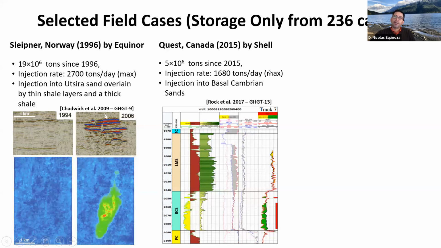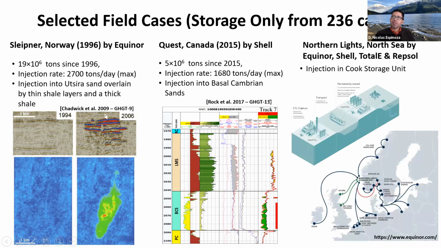Something I'd like you to keep in mind are these injection rates, because this is something very important that we need to take into account when we analyze the geomechanics of these systems. And most recently, in the Northern Lights project, it is estimated that quite a bit of CO2 also is going to be stored in the North Sea. Okay, so how are we doing with CO2 storage?